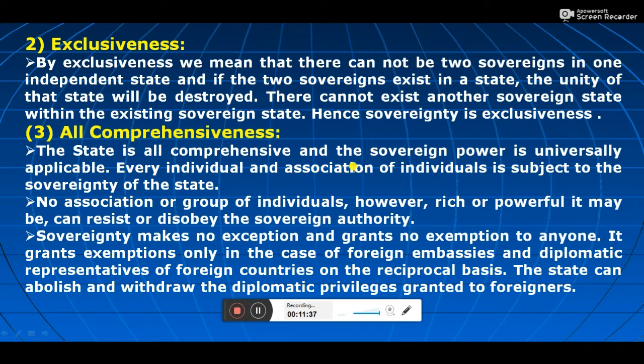Sovereignty grants no exception to anyone. It grants exception only in the case of foreign embassies or diplomatic representatives of foreign countries on a reciprocal basis. The state can abolish and withdraw the diplomatic privileges granted to foreigners.